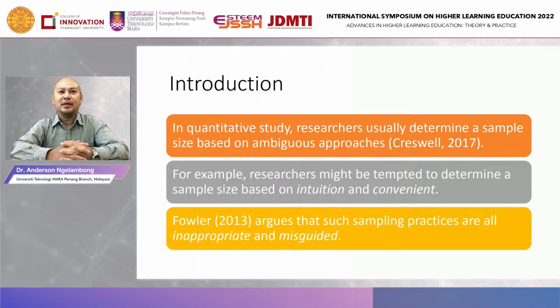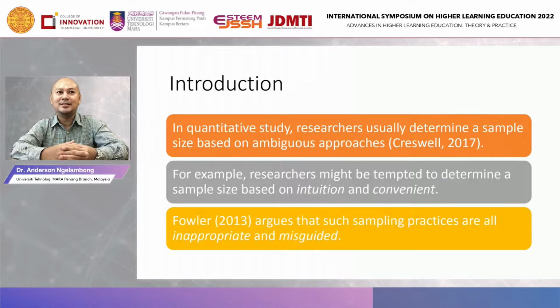Normally in quantitative study, and my session will focus on the sample size for quantitative study, the researcher usually determines sample size based on ambiguous approaches. So approaches that don't have any statistical evidence to it. For example, a researcher might be tempted to determine a sample size based on intuition or convenience.